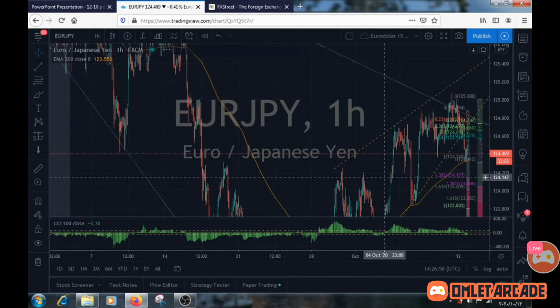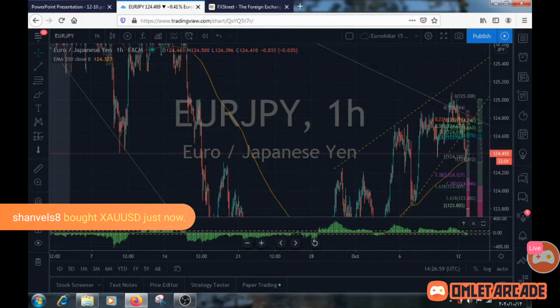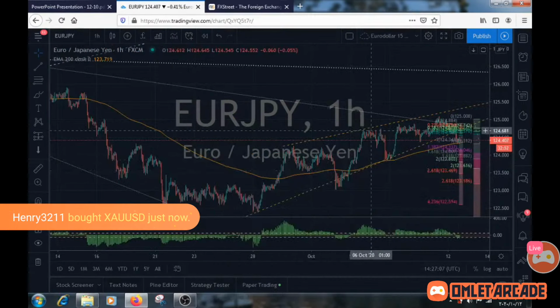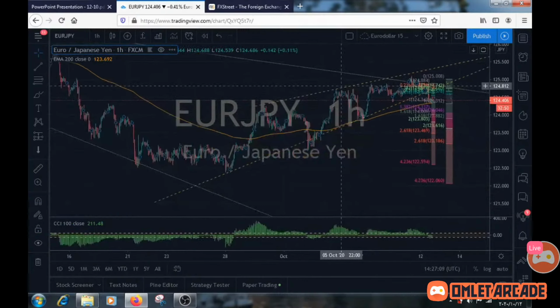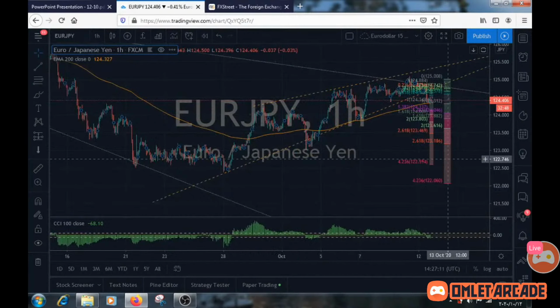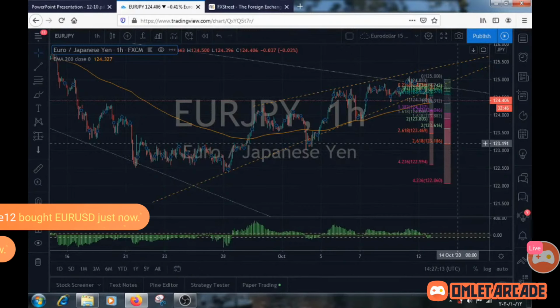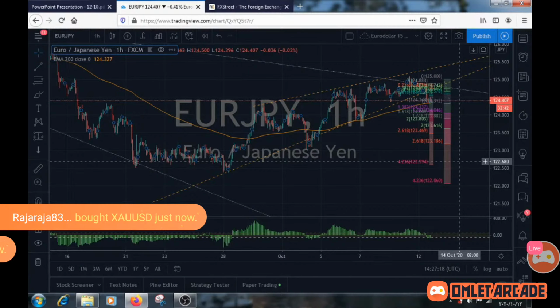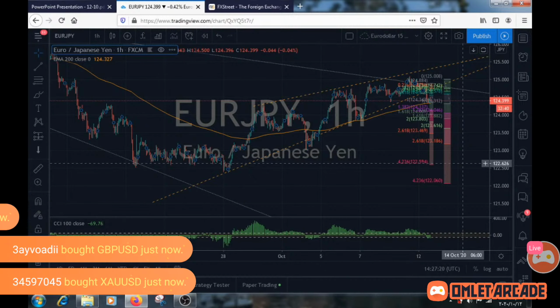Price has already broken out of the ending diagonal, and this is where we're going now. 123, of course, here for day traders, and it's possible to see 122.60.